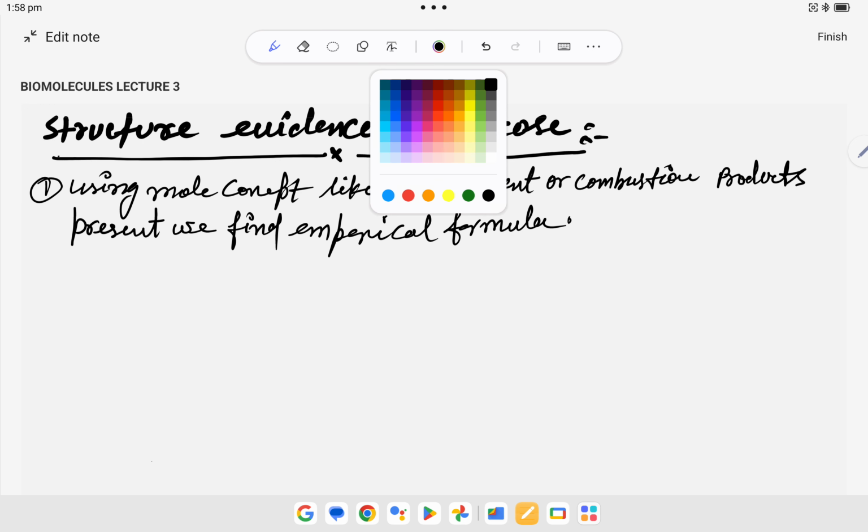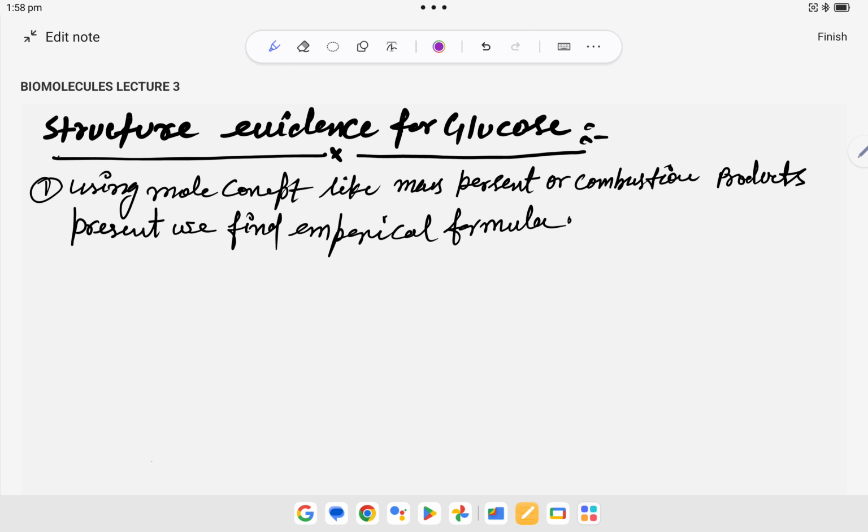In that case, C6H12O6, if you are heating this glucose, it's an organic compound, carbon dioxide and water vapor will form.